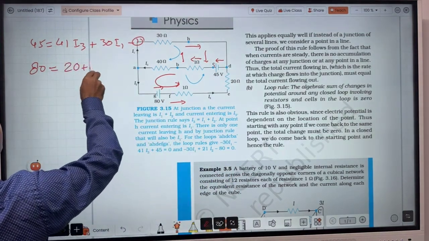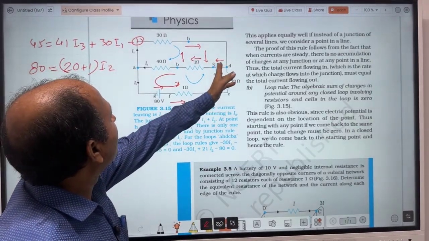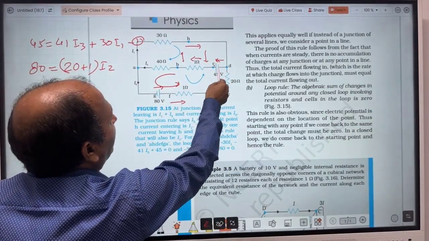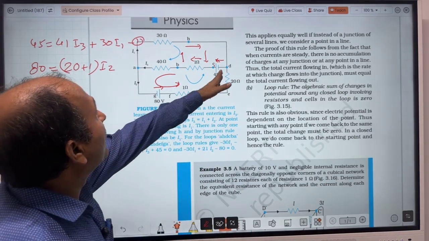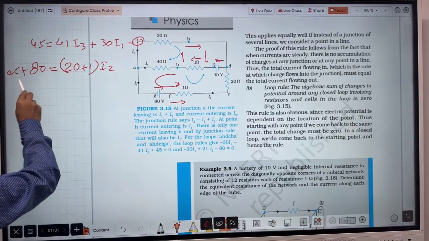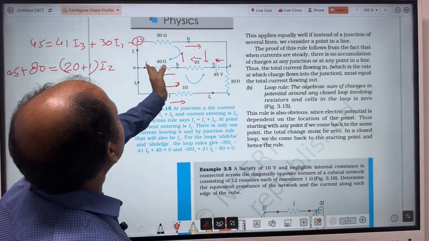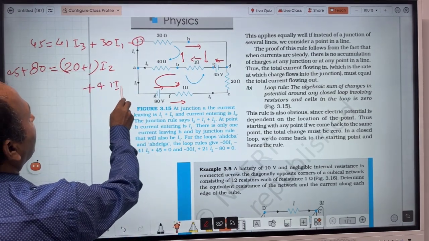Then you are getting the positive plate again, so 45 will be positive here again. Then you are again moving in the direction of current, so this is 41 I3.